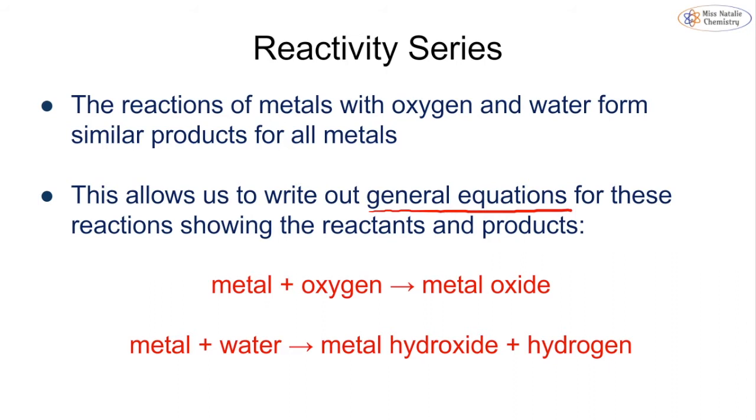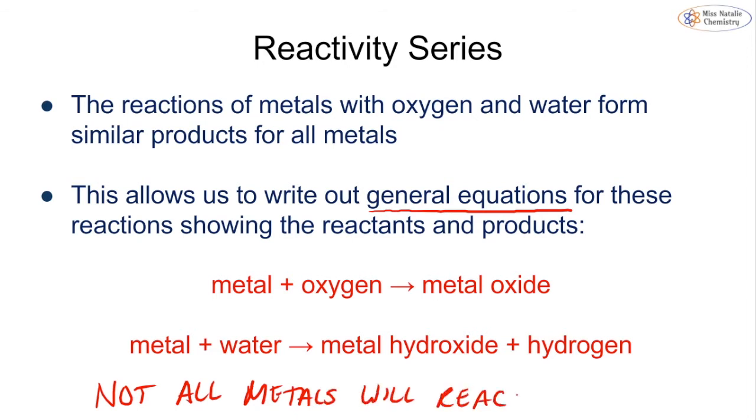If I react any metal with water and the reaction goes ahead, I'm going to make a metal hydroxide and hydrogen. Now, be aware that not all metals will react. We've just said that gold is not going to react. What we're saying with these general equations is if they do, this is how they react.